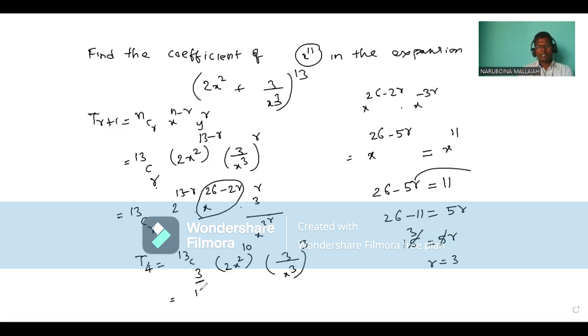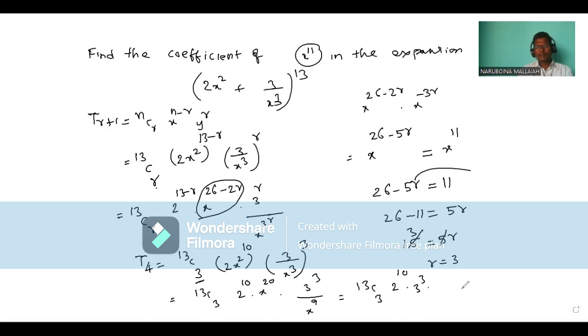Next, 13C3, 2 to the power of 10, x to the power of 2 into 10, that is 20. Here 3 cube by x to the power of 3 into 3, that is 9. Now 13C3, 2 to the power of 10 and 3 cube, only the numbers I am writing.